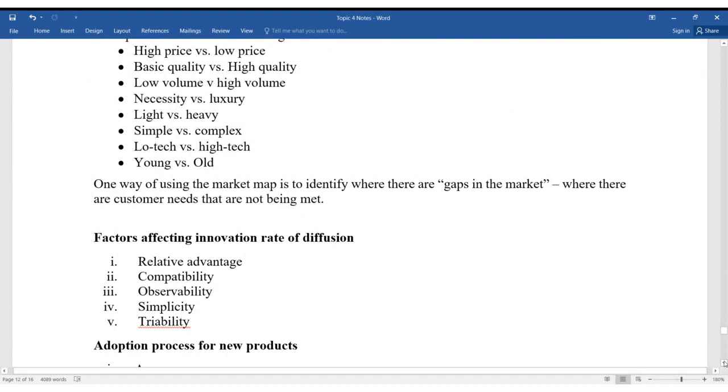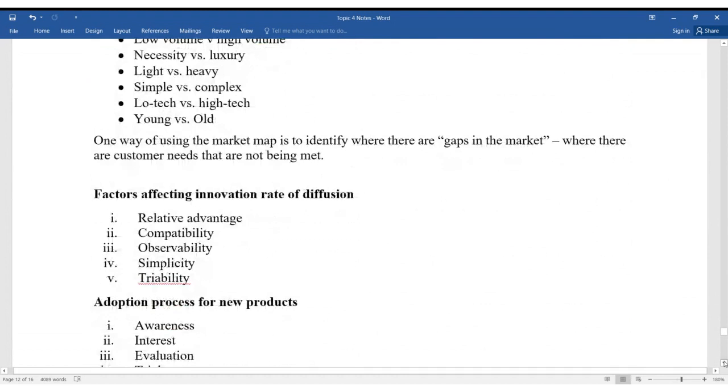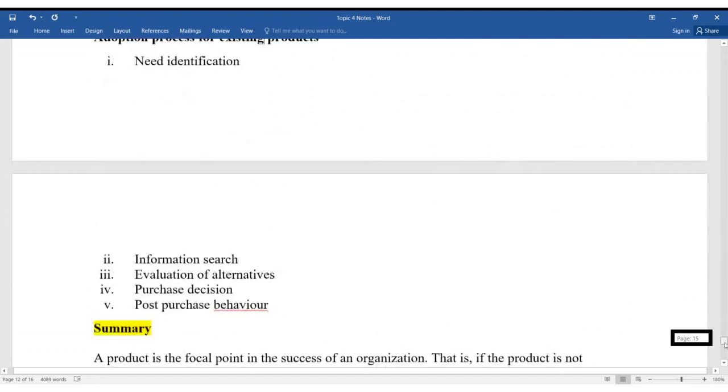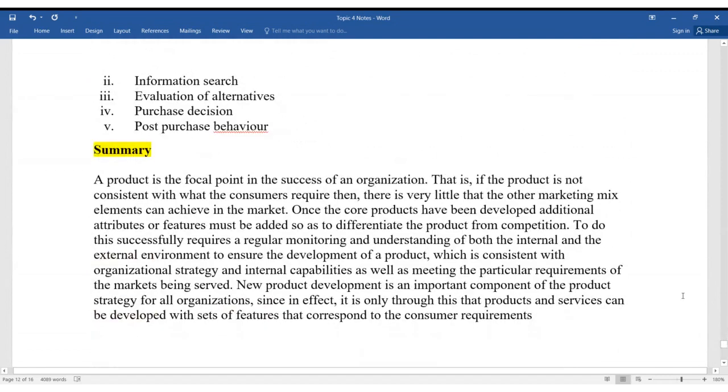And then the adoption process for new products. So you find those areas, take a look. So if no questions, you work on the assignment, okay?